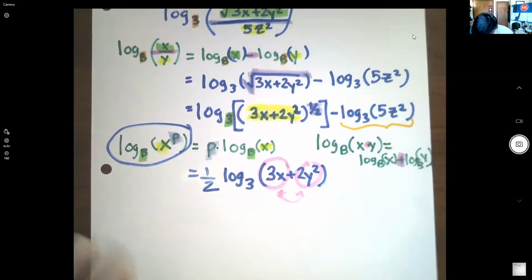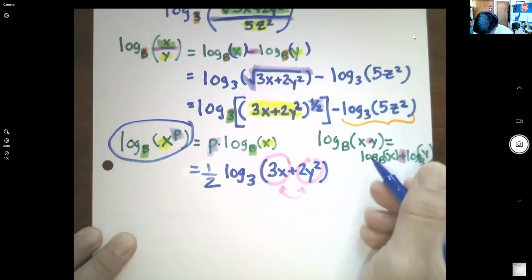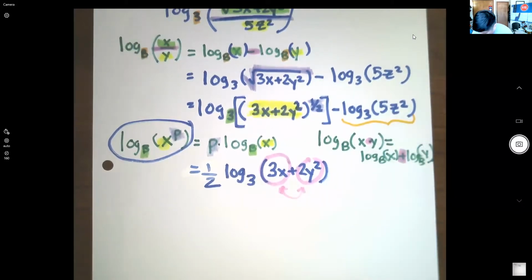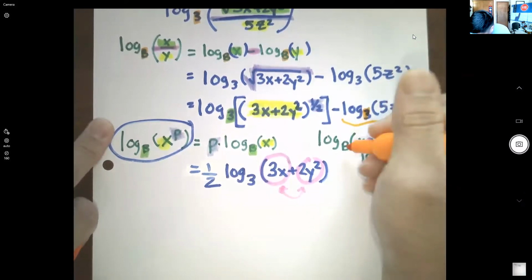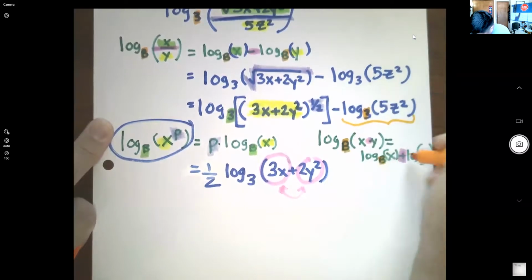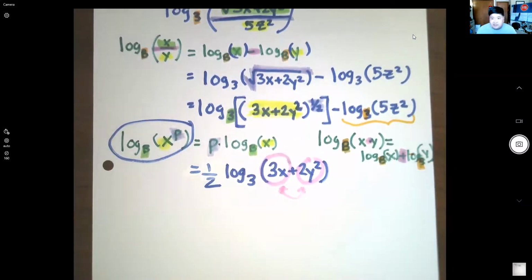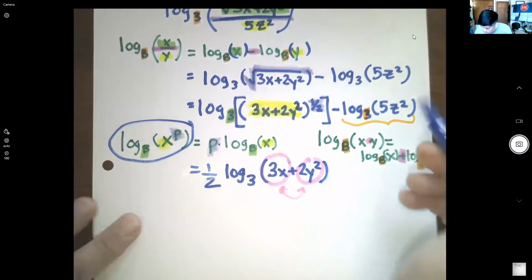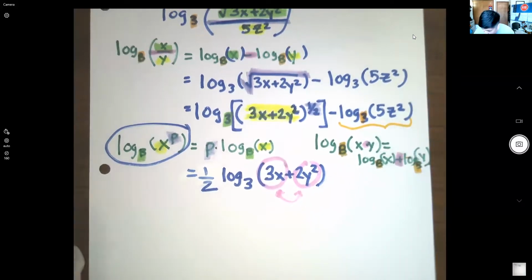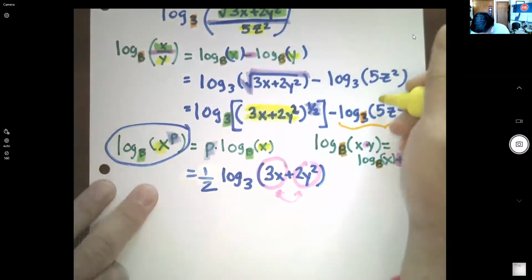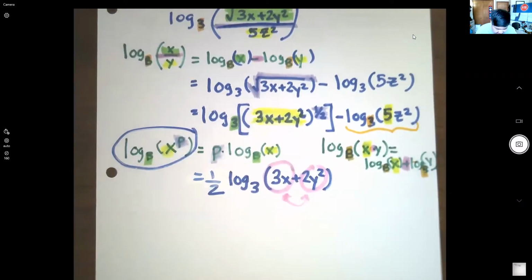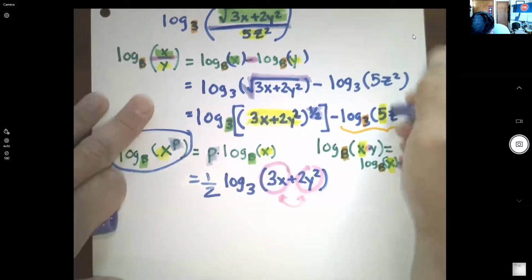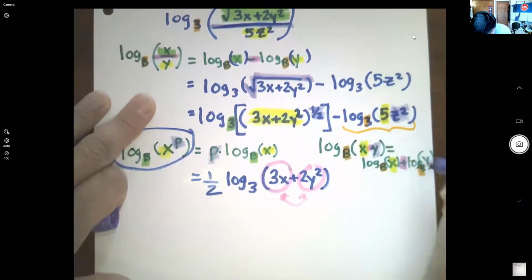All right, so let me look at this part right here, and I see that the base is still 3, and then I see two factors being multiplied, a 5 and a z squared.